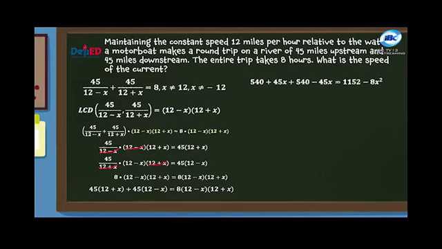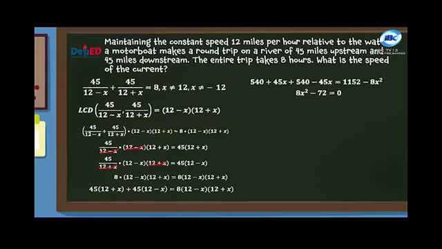This means that 540 plus 45x plus 540 minus 45x is equal to 1152 minus 8x squared. In standard form, this is written as 8x squared minus 72 equals 0. And this equation can be solved by extracting square root.